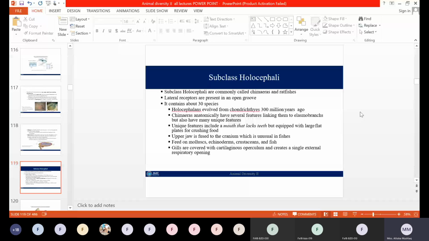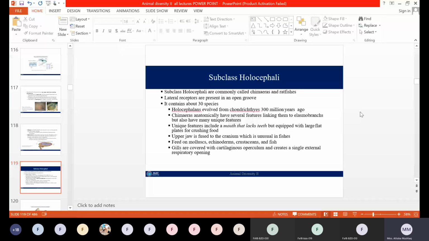class Chondrichthyes. So here are some important characteristics. They lack scales. As we have discussed in Chondrichthyes, either placoid scales will be present on them or no scales will be present. So Holocephali lack scales. They have an operculum that covers the pharyngeal slits.